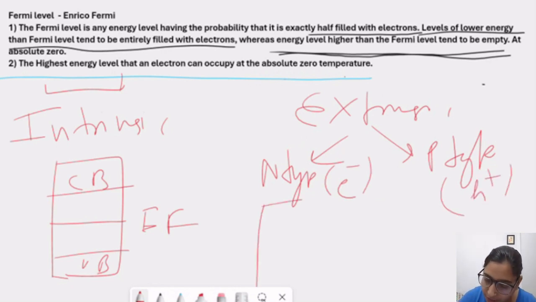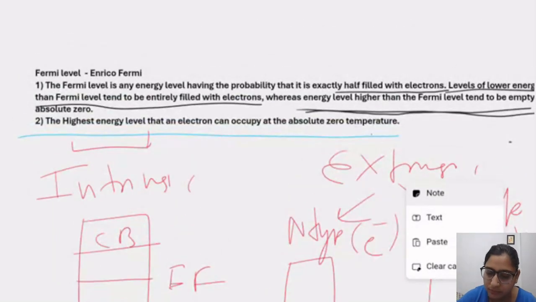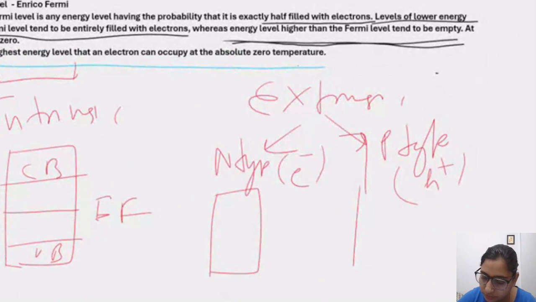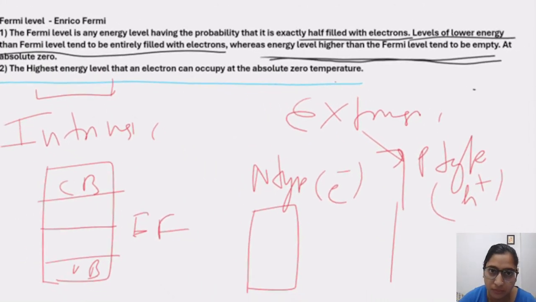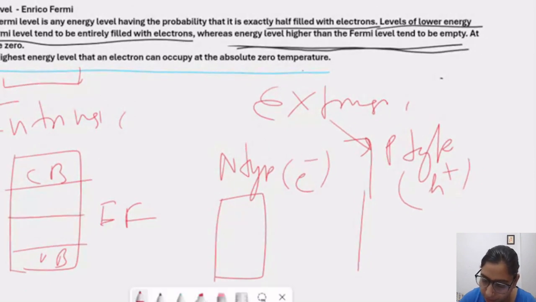If I talk about the energy band diagram of these two, what will happen? This is the conduction band, this is the valence band. In N type, electrons are in majority.